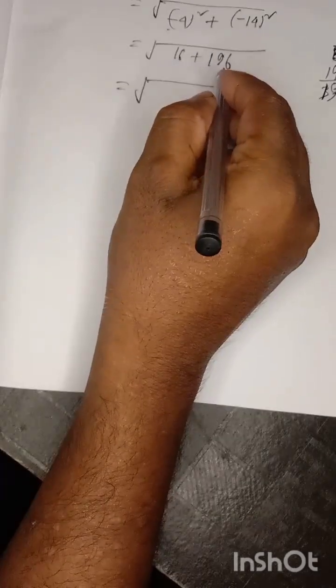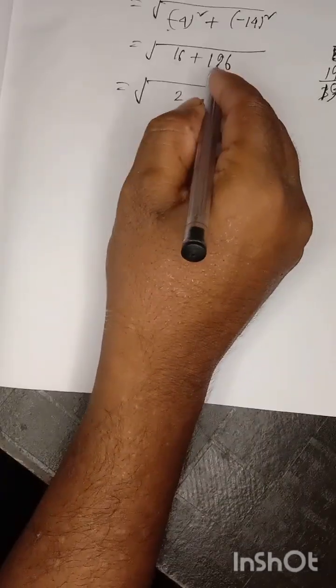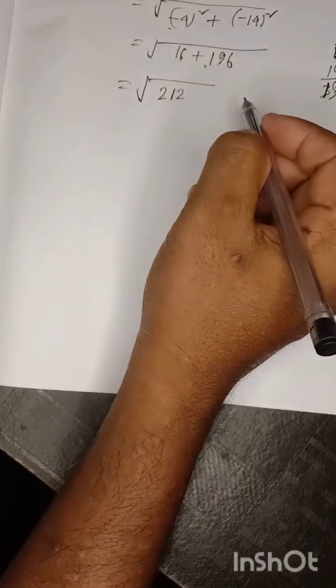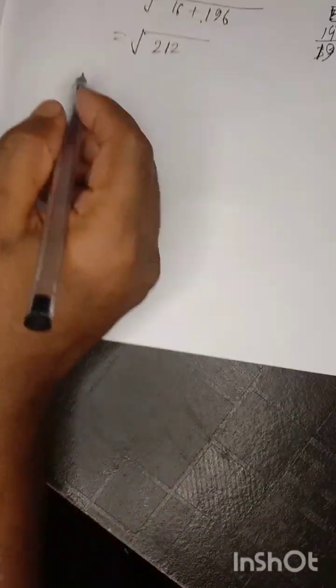On adding these numbers, 6 plus 6 is 12, 2 remainder 1, and 9 10, and 1 11, 1 remainder 1 and 1 2. So 212. And that is BC.